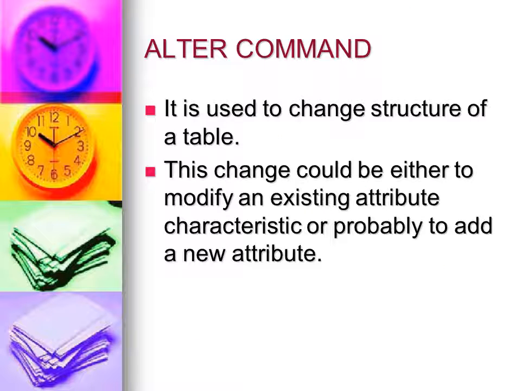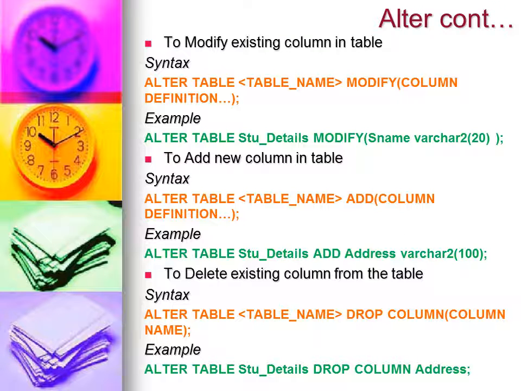Alter command. It is used to change the structure of a table. This change could be either to modify an existing attribute's characteristics or to add a new attribute. Let's see the syntax and example for alter command. To modify an existing column in a table, we use the keyword modify in the alter command.